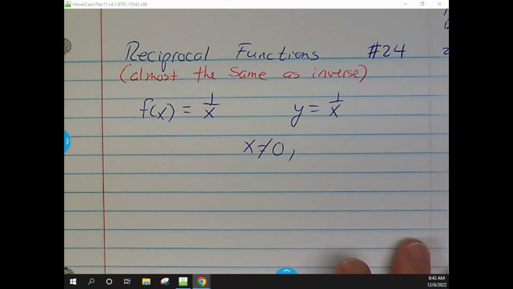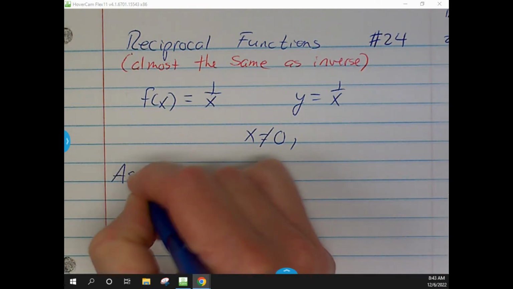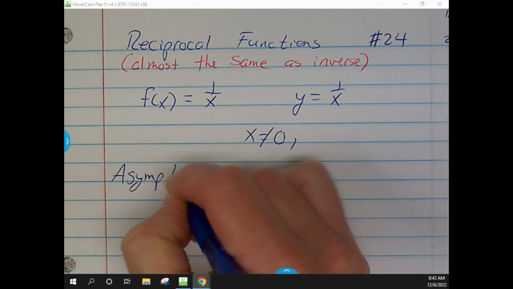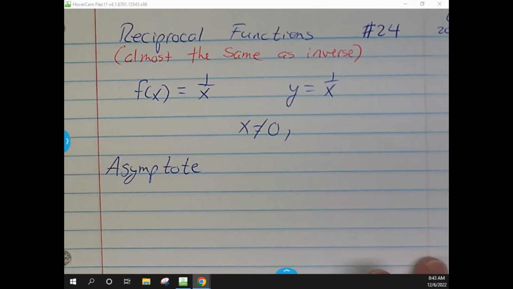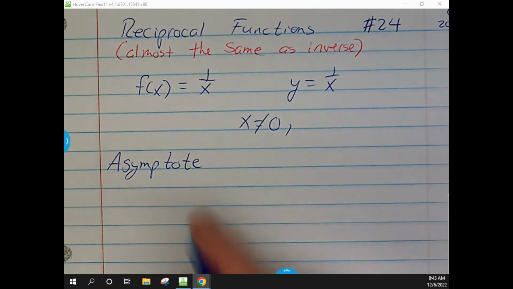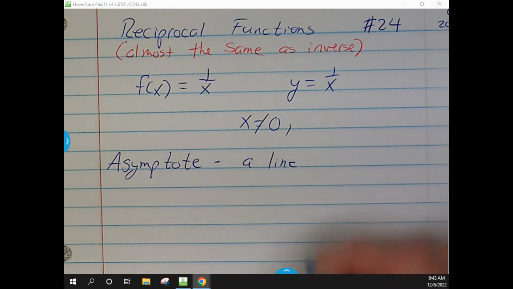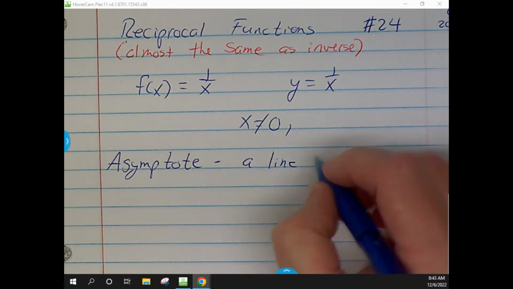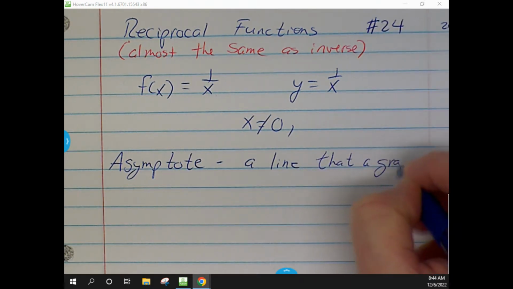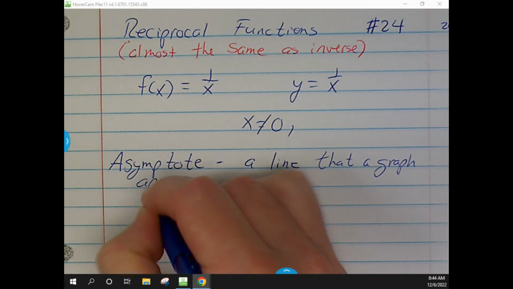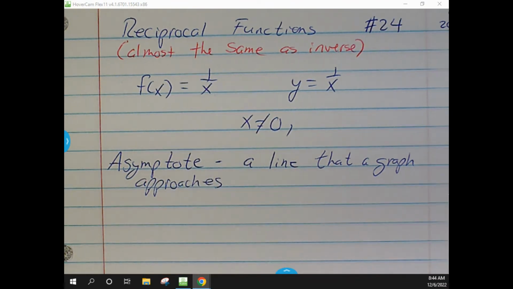So here's something that I think we've kind of danced around a little bit, but we haven't actually talked about specifically what it is: asymptote. An asymptote basically is a line that a graph approaches, but never touches.